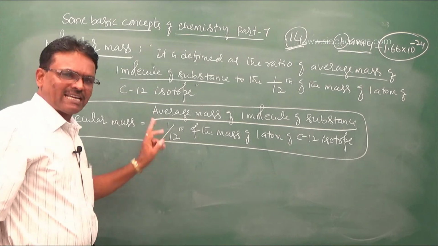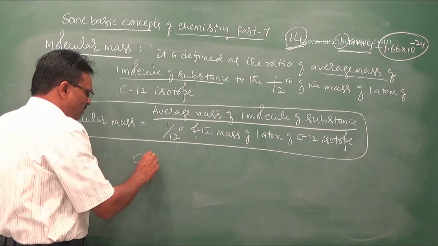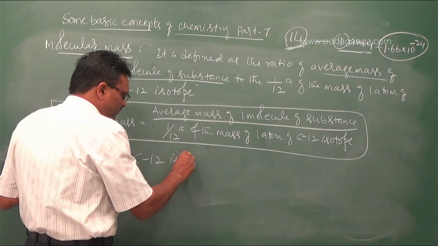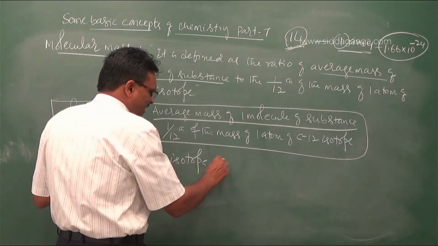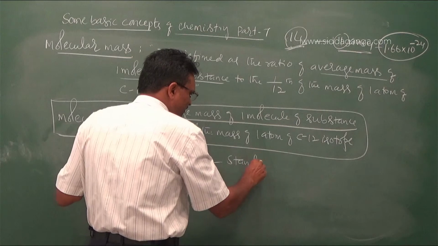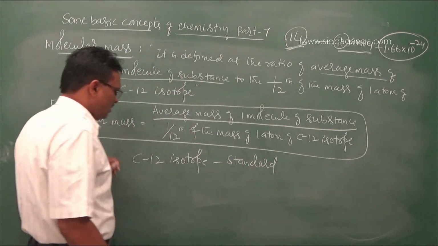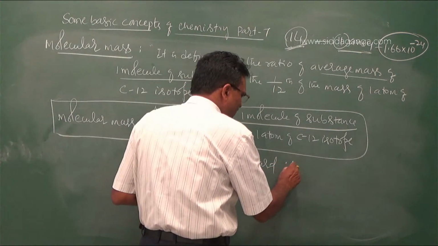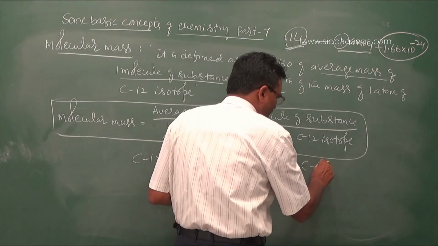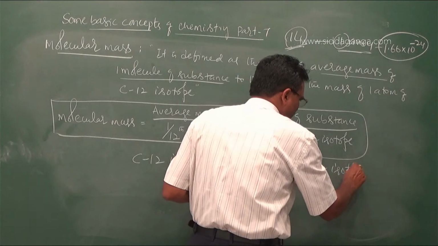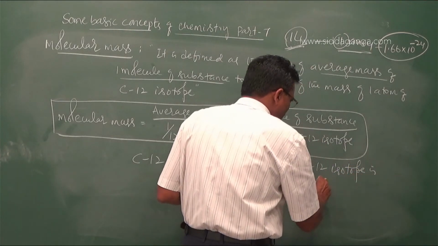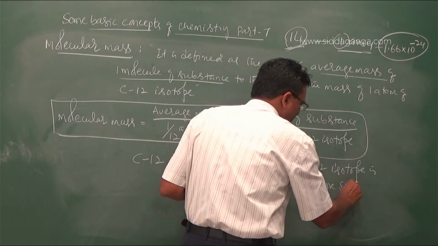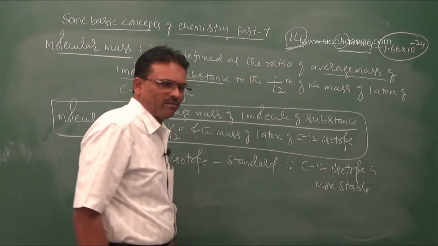So based on this standard, here also carbon 12 isotope is taken as standard, because carbon 12 isotope is the more stable isotopic form of carbon.